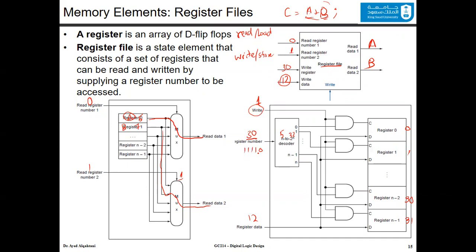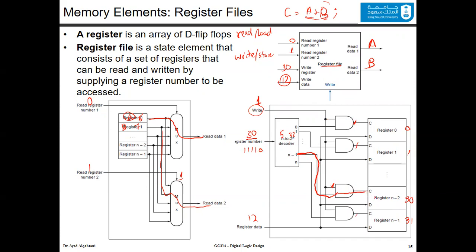This is the value 30, 5 bits. This will activate this line. And this one is going to be 1 because the write is 1. The other will be 0. There are no connections in all of the other ANDs. Only this one will put the result inside.